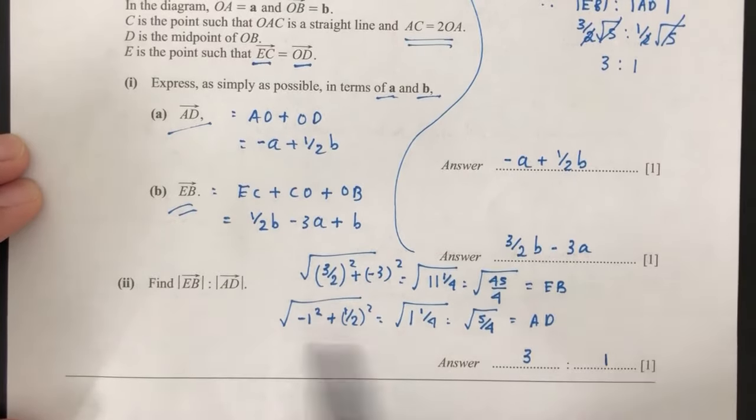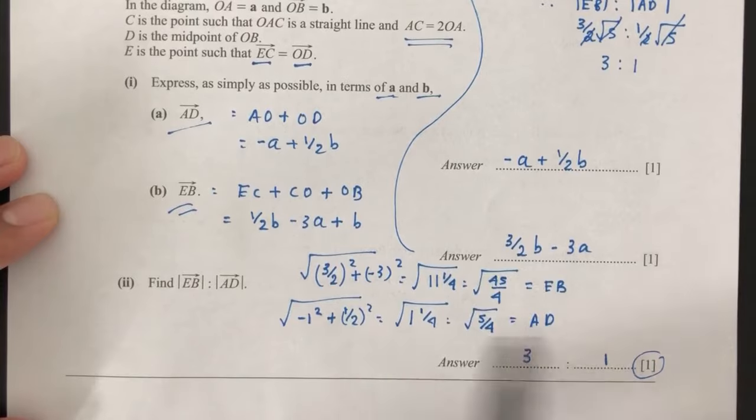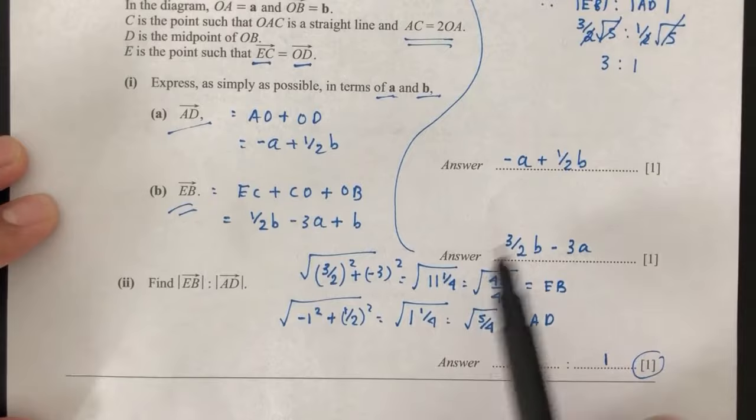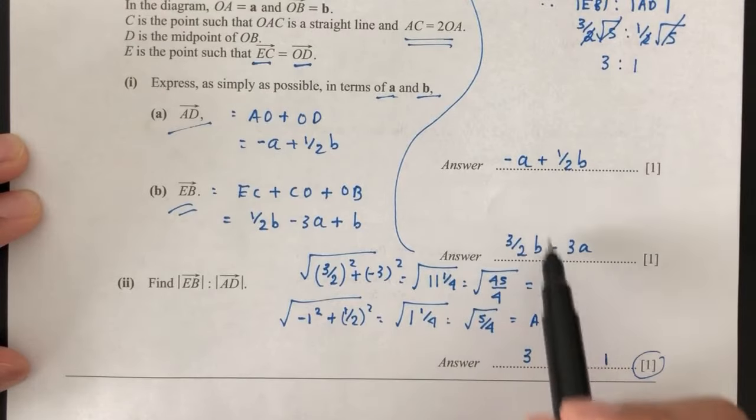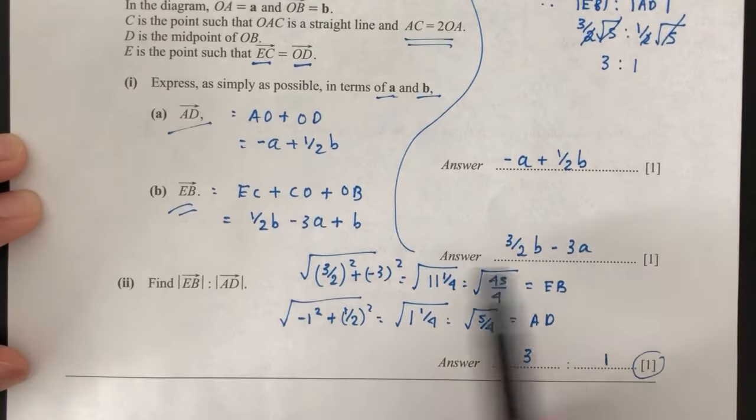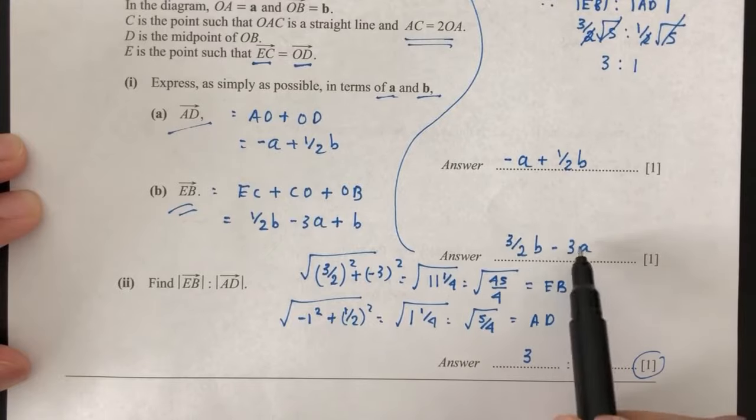Another way of doing this, because this is only 1 point, should be pretty easy. We should not have to go through all this. So an easier way, you can just observe. Let's express these two in the same form. Here we can take out 3.